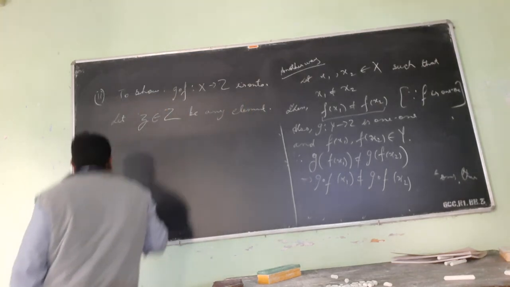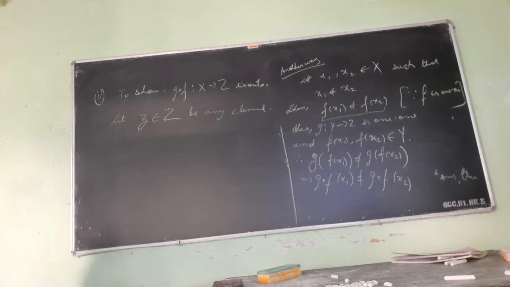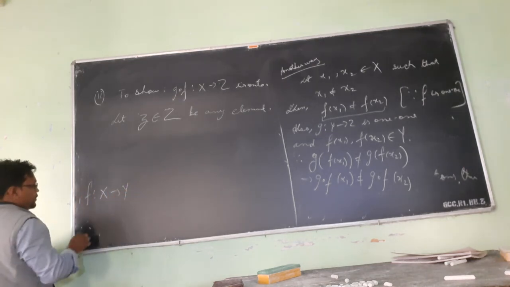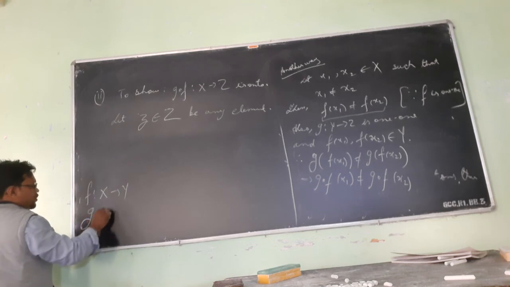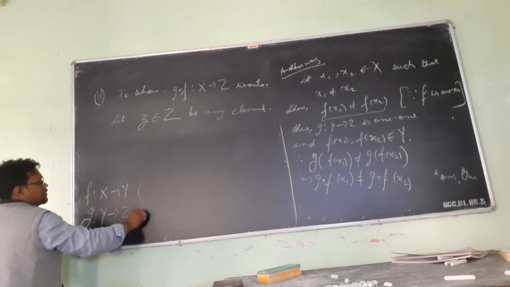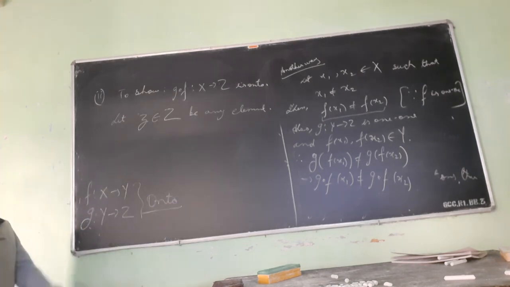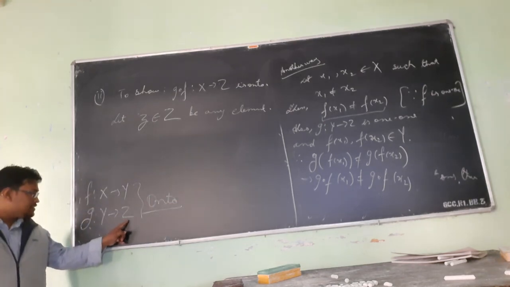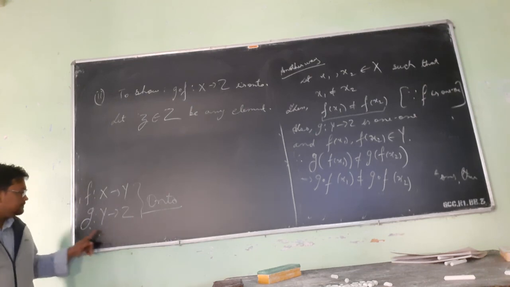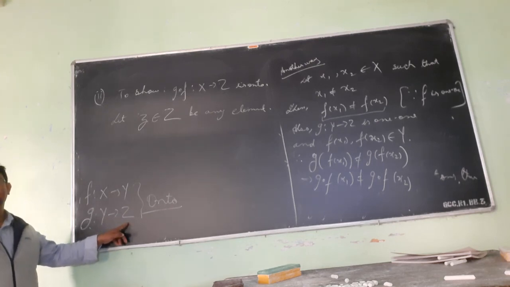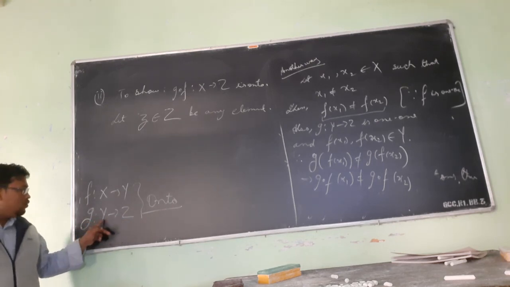So I have two functions: f from X to Y, and another, g from Y to Z. And both of them are onto. It is given that both of them are onto. So if I take an element from Z, g from Y to Z is onto.